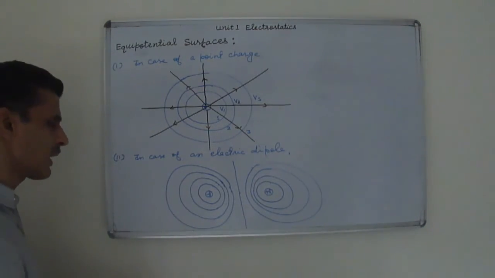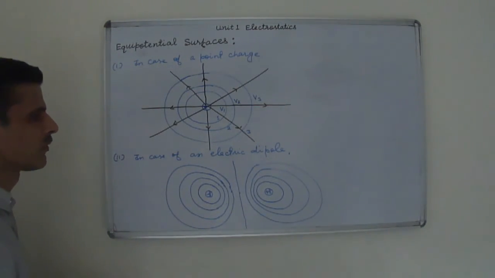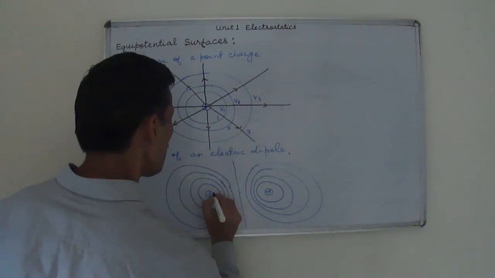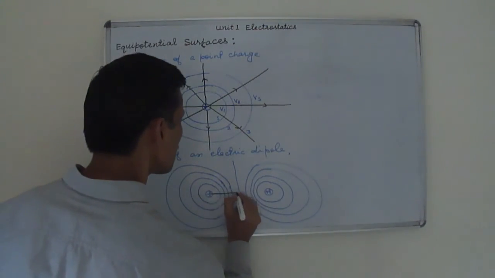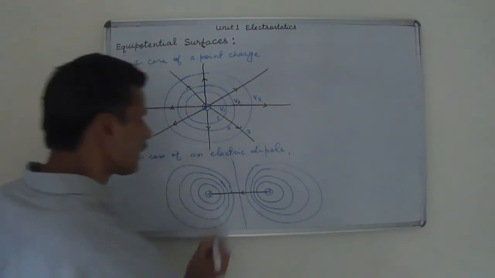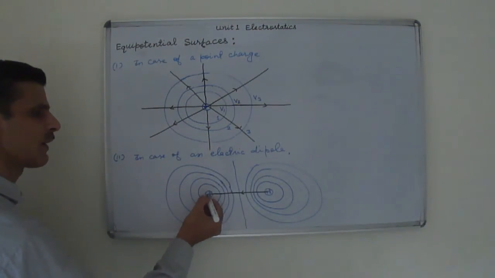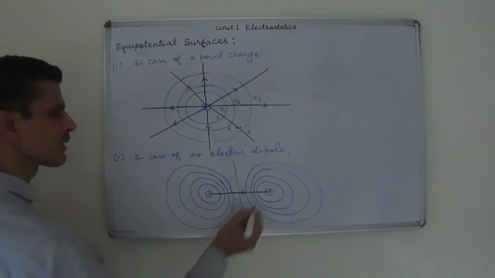You can also draw here electric field lines. You know already electric field lines start from positive charge and end at negative charge.